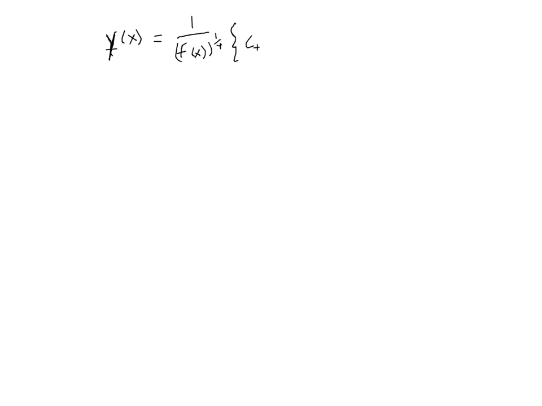And then you're going to have this as c plus exponential i integral square root of f of x dx, plus c minus exponential of minus i integral square root of f of x dx.